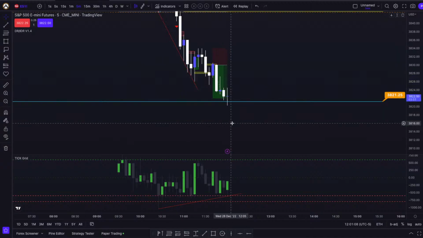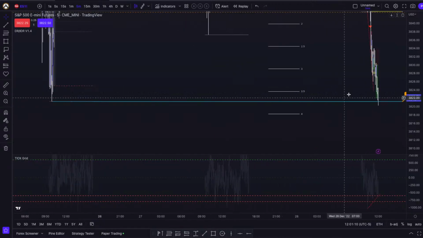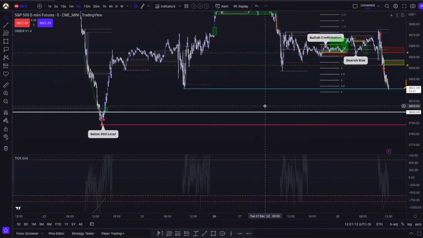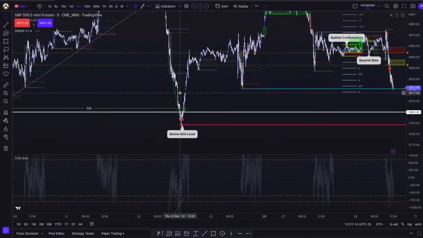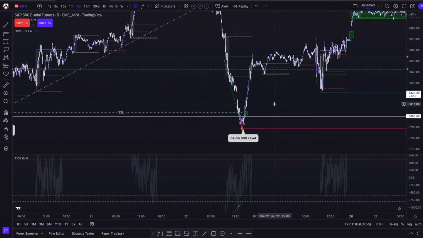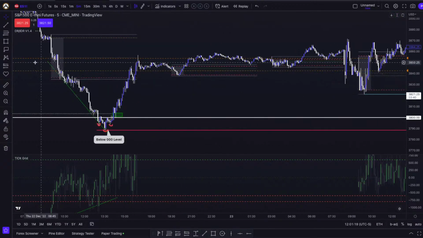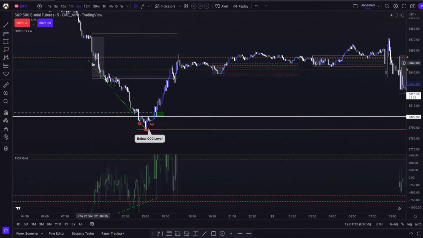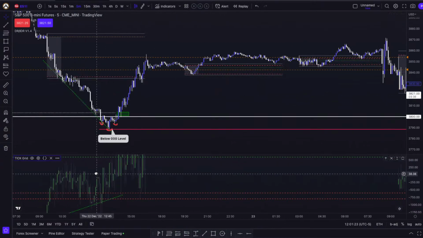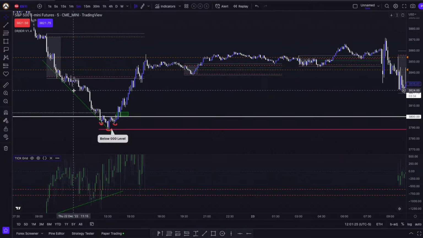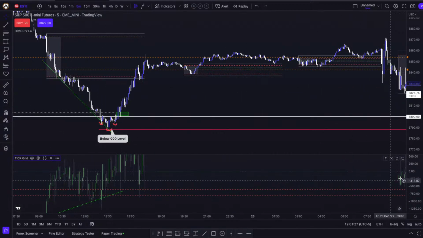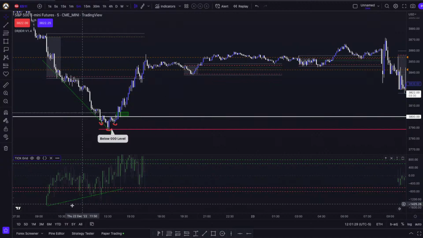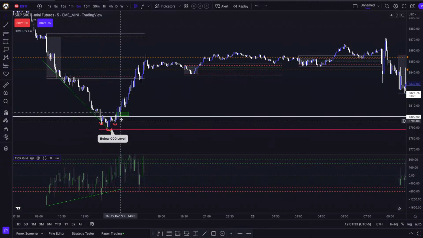So we still have that divergence going on, very similar to what we saw on Thursday, the 22nd of December, where after the IDR had been formed in this first hour, we continuously made lower lows on the SP 500, but on the tick grid, we only made higher lows, higher lows, higher lows, until we reached this liquidity level, this key number level, 3,800.